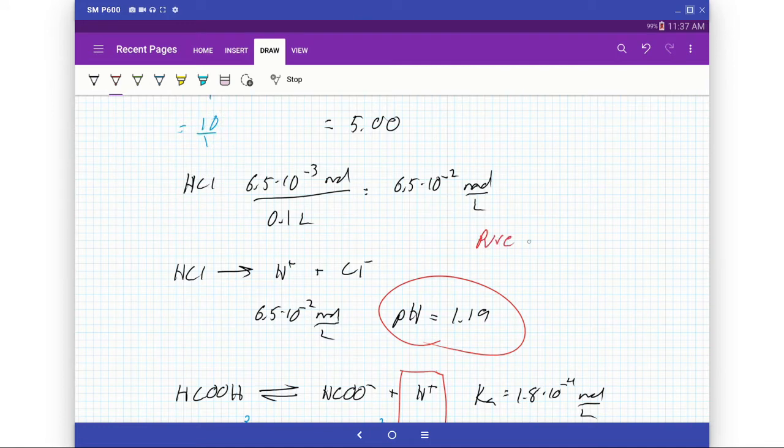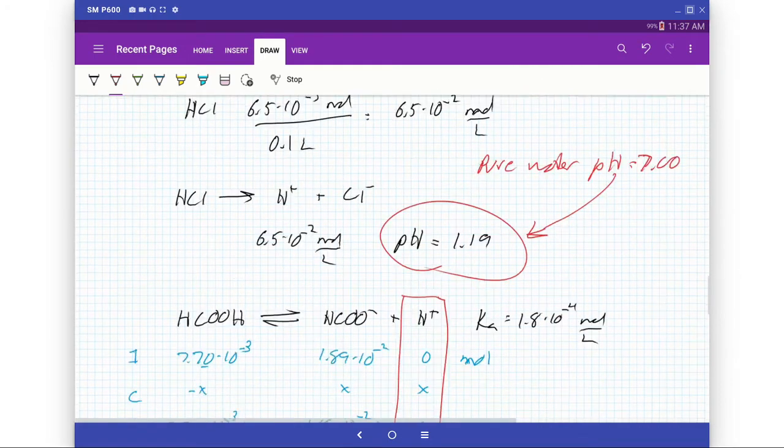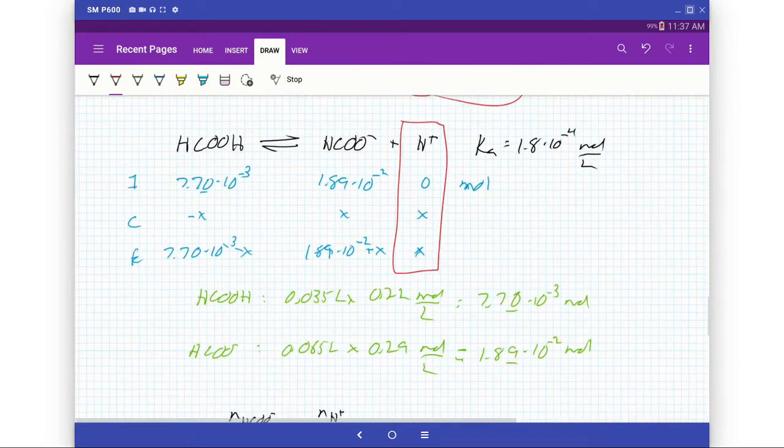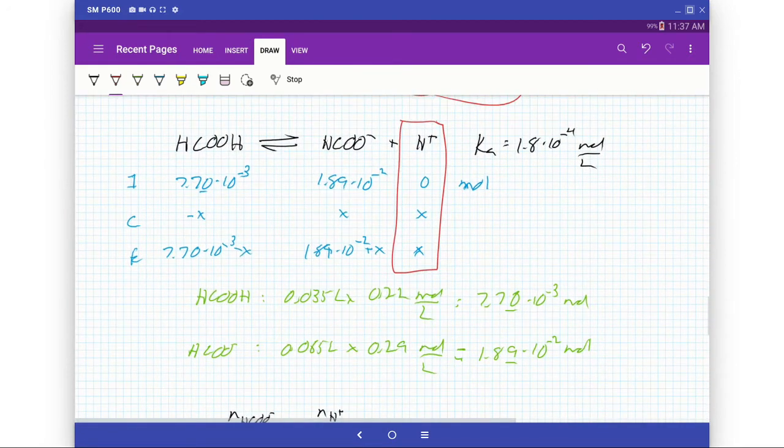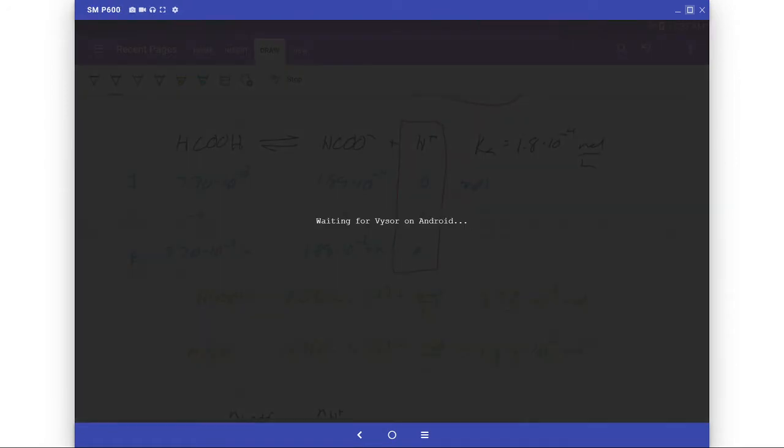Adding a tiny amount of acid dropped that pH down to 1.19. It does look like the tablet is running a little slow, so I guess I will wait for the tablet. The next thing we did was that buffer, and in that buffer, we did the entire thing in moles. It will catch up.